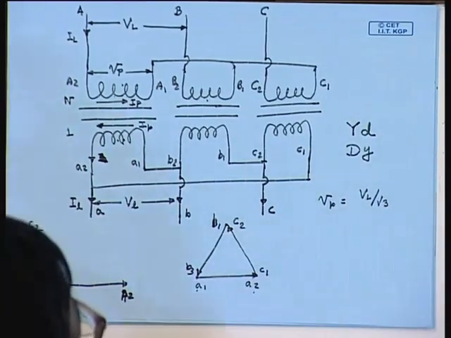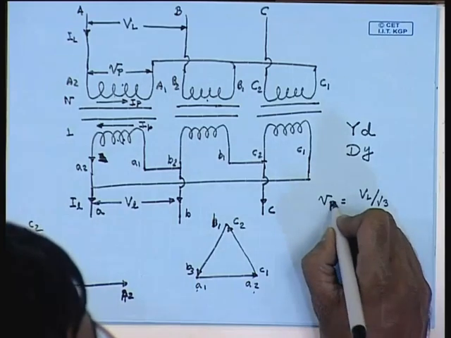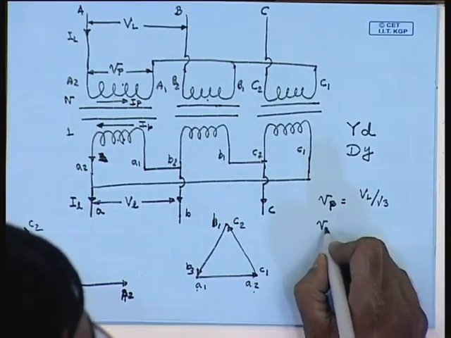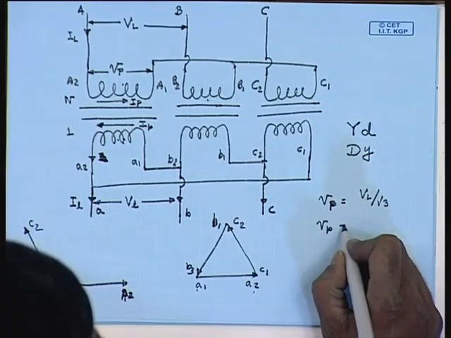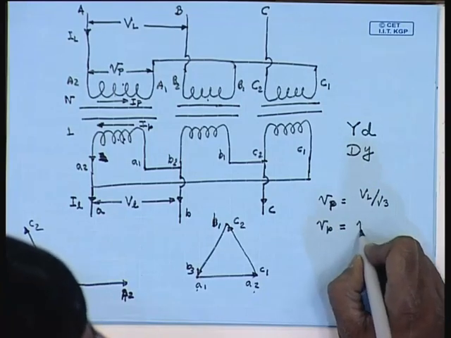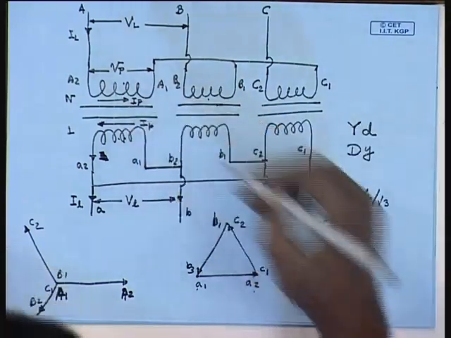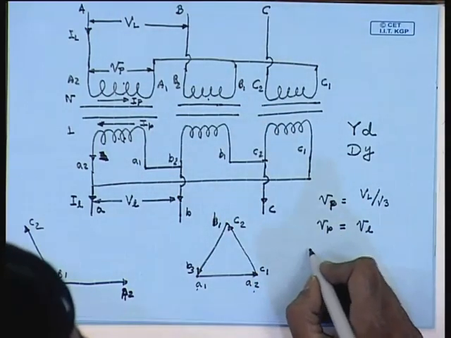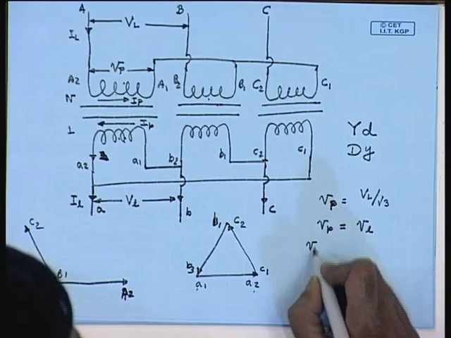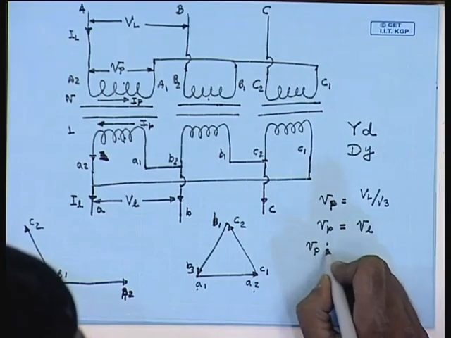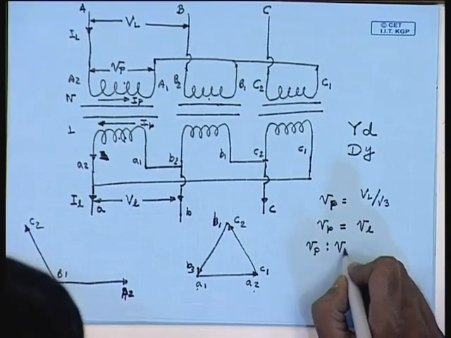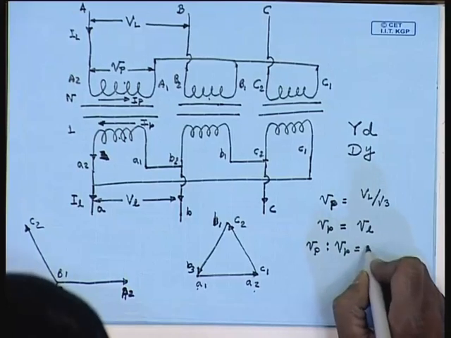On the other hand, on the low voltage side, the phase voltage V_p equals the line voltage V_L. But from the transformer relation, V capital P is to V small p is equal to n is to 1.